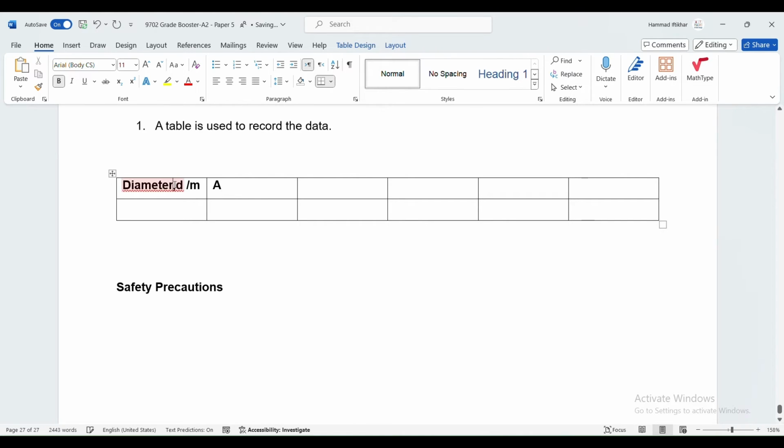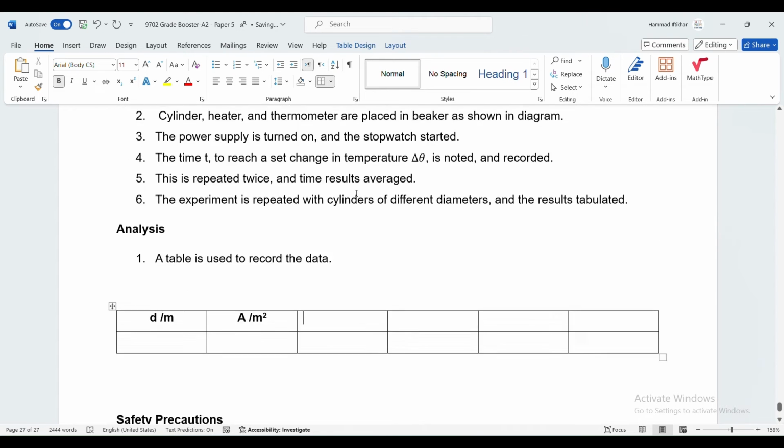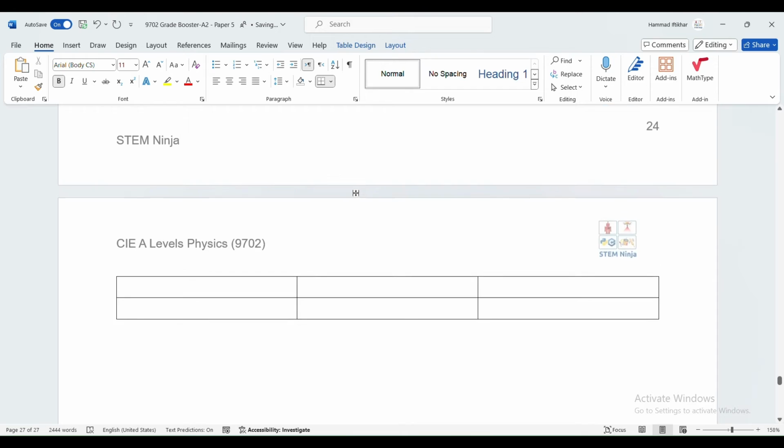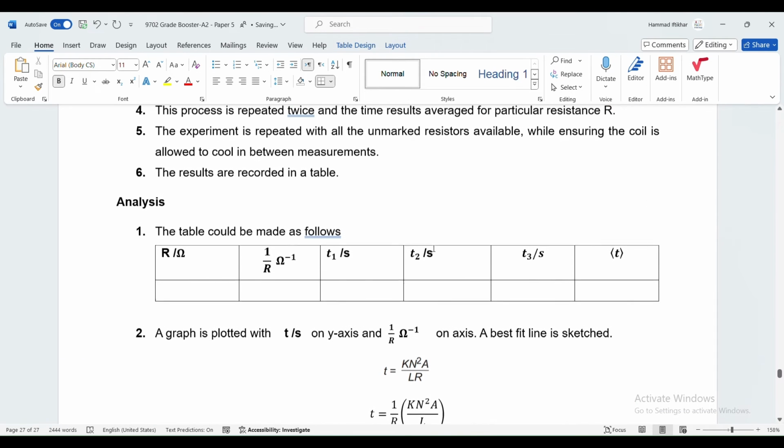We can just keep it as d per meter. We then have area per meter squared, cross-sectional area meter squared. Then we have the time. I'll just copy this from the previous experiment.